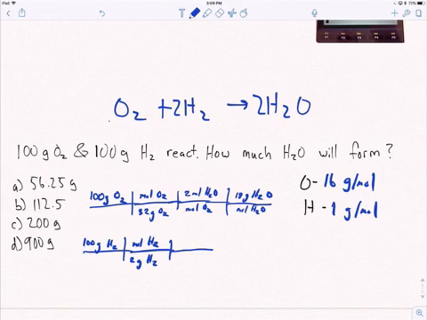So out here, what's the mole ratio between hydrogen and water? 2 to 2, or 1 mole. So 2 to 2.